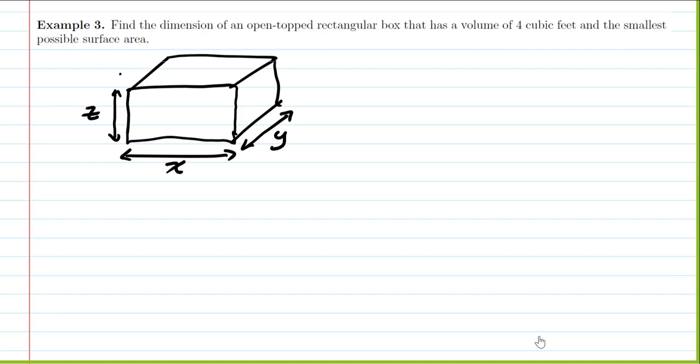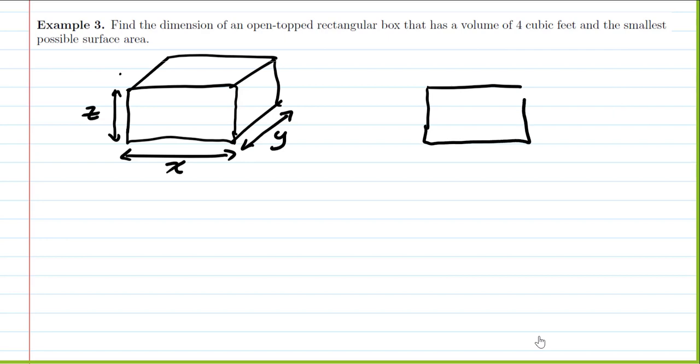So then our goal is we want to find the dimensions of an open-topped rectangular box so that the volume is 4 cubic feet and it has the smallest possible surface area. So the surface area of a box is the material that it would take to make it. So imagine if we were to cut this and lay it out flat like an unmade cardboard box, right?